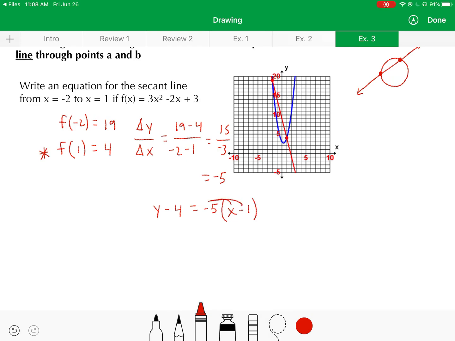And then I'll go to slope intercept form. Okay, there's the equation, and compare it to the line that's been graphed there. Y-intercept of 9, slope of -5 does appear to match.